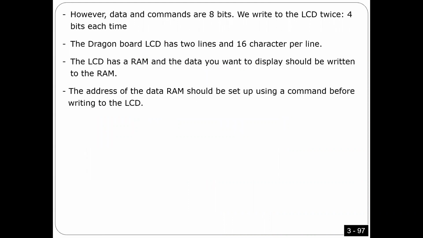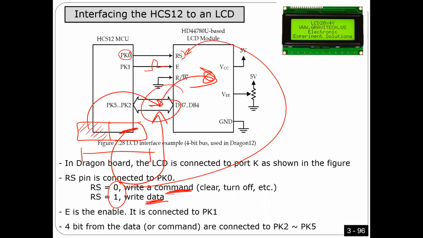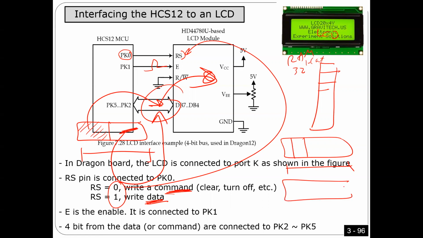One more thing, guys. Inside the LCD, there is a RAM. This RAM has 32 locations, because we have 16 characters here, and in the second line, we have another 16 characters.